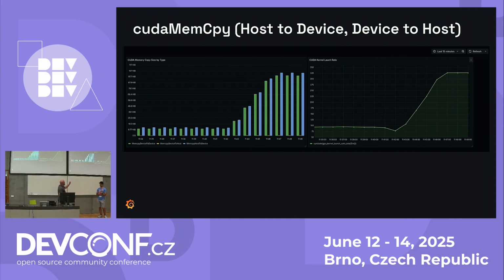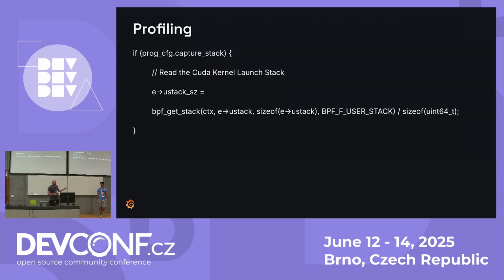And at the right side, we can see that the memory allocation also matches with the rate of CUDA kernel launches. So the more operations we launch, the more memory copies we are doing.